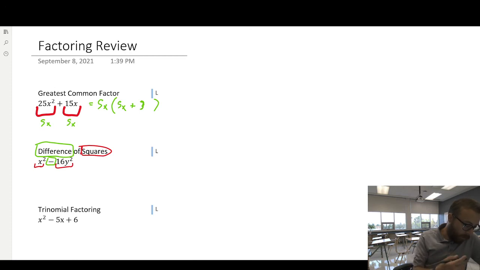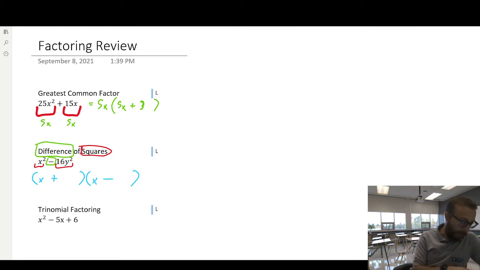All right, so with that said, when we're doing a difference of squares, we want to start off with two sets of brackets, and what times itself equals x squared? Well, x times itself, or x times x, is x squared. That's the first value in the difference of squares.